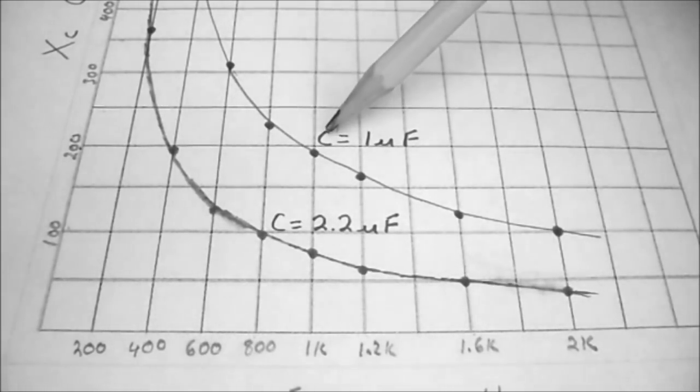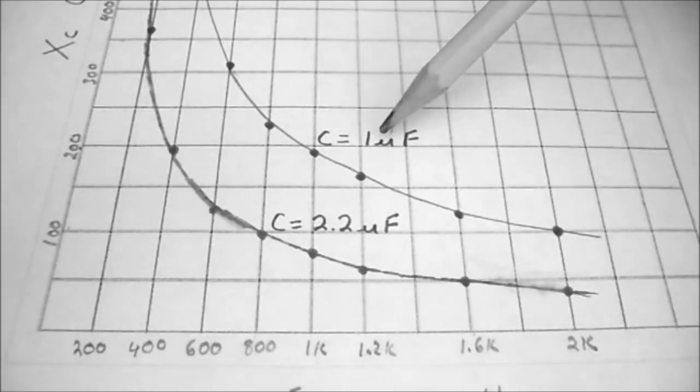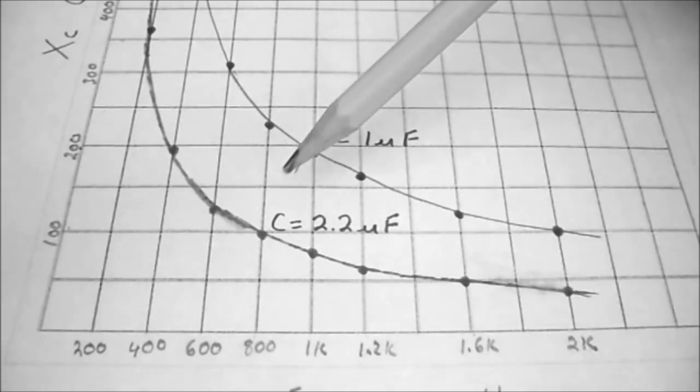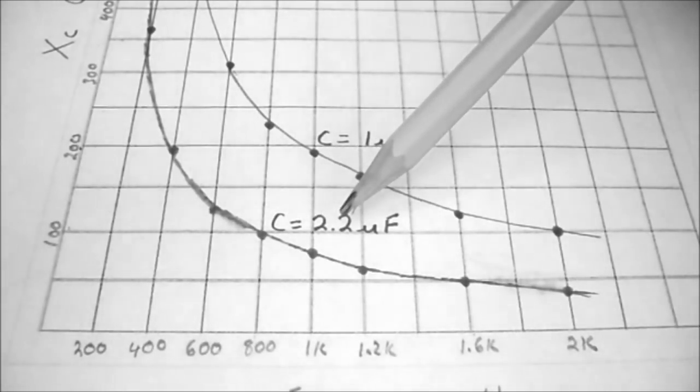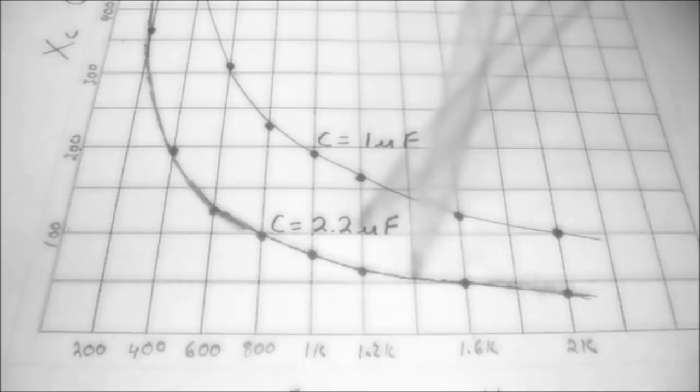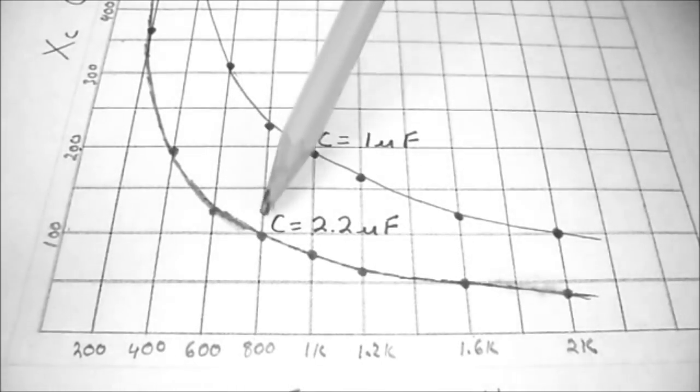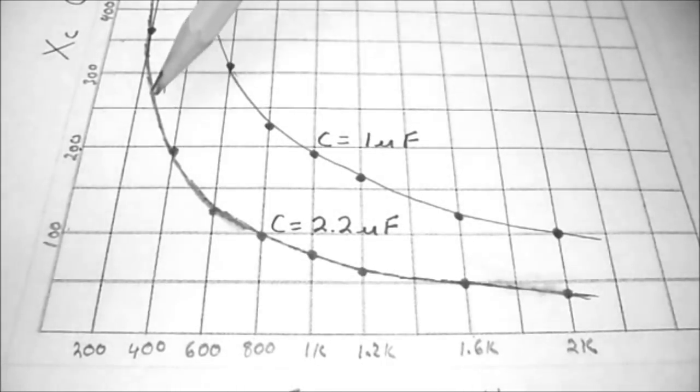So you can see this is my line for C equals 1 microfarad, and the whole curve shifts over for C equals 2.2 microfarads. And once again, you sketch the line in as you go along, trying to get a nice curve out of it.